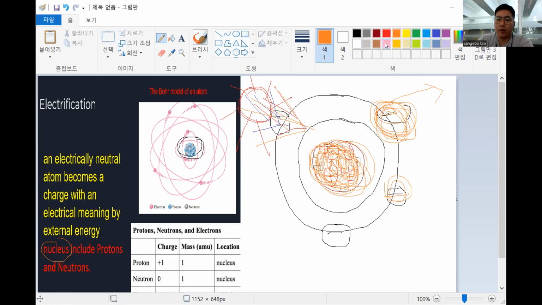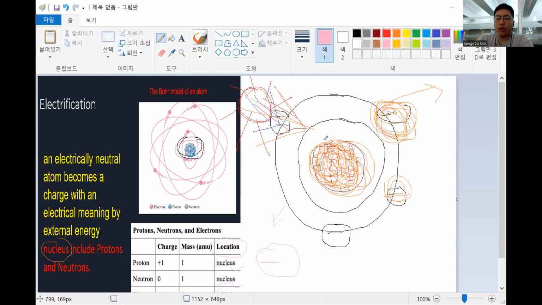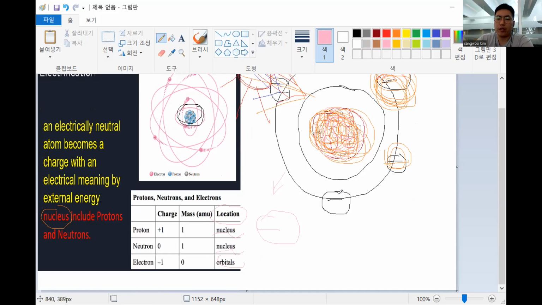Now we say this one coming out is a free electron. You can see here's the location: the nucleus, and the orbit, the outside layer, and the nucleus is here inside. Good. So because of the sun's energy or something, the electron comes out.